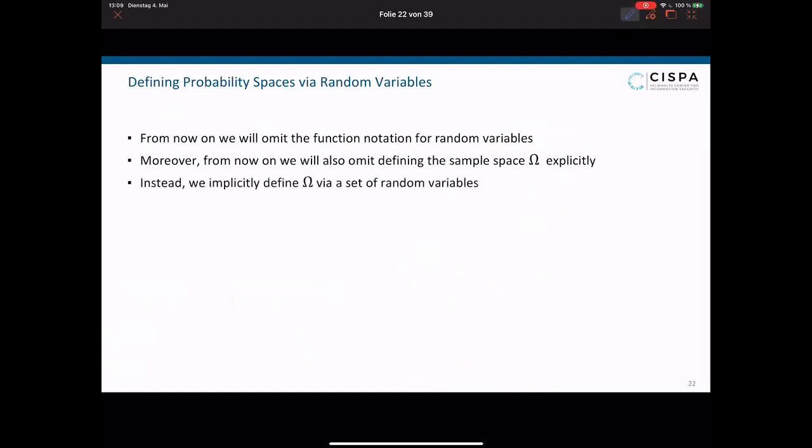So instead of defining this sample space omega explicitly, we will define it implicitly via some set of random variables. We will say, here are some random variables we're going to start with, x, y, and z, and they're independent. And this will be enough to implicitly specify this sample space omega.